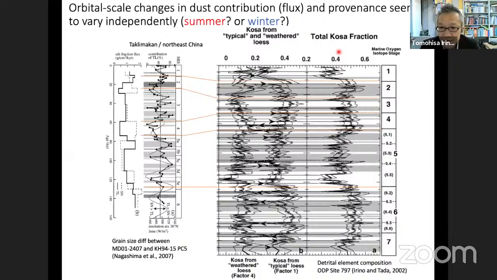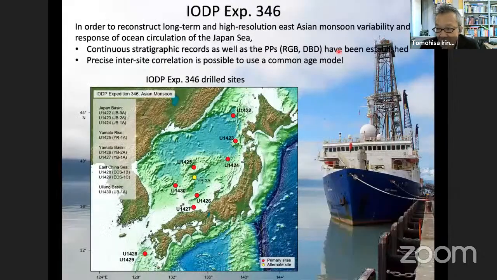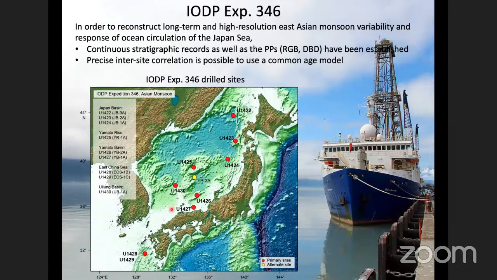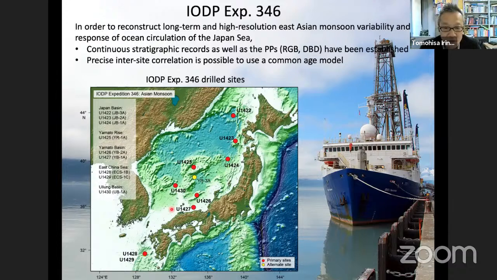So after the progress of the recent understanding of the winter and summer monsoon using the Japanese sediment, the IODP Expedition 346 drilled seven sites from north to south in order to establish continuous stratigraphic records with high resolution physical properties.